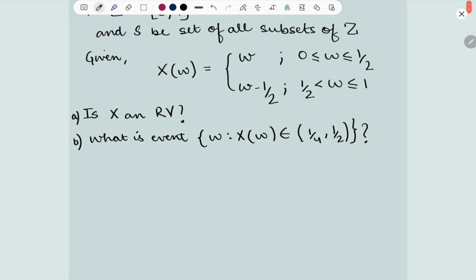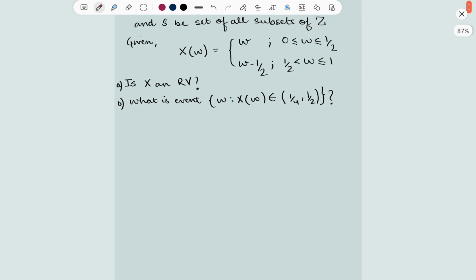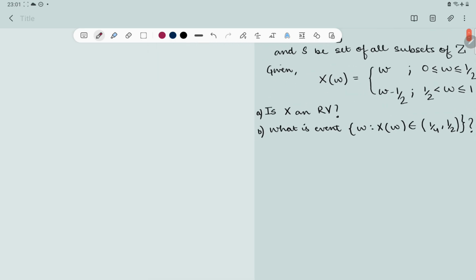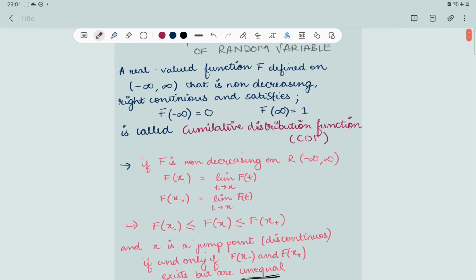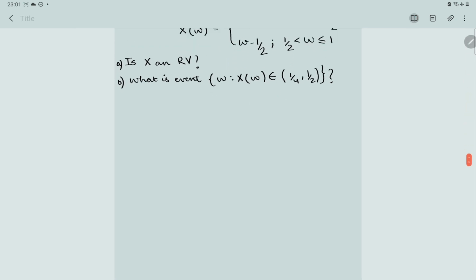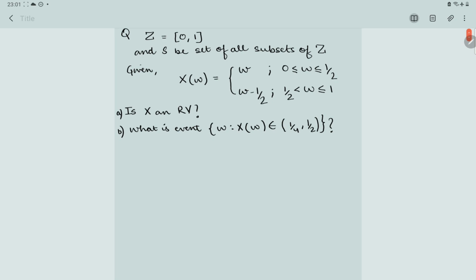Now this is an interesting question. Yeah. So the question is: the outcome of a random experiment is between the interval 0 to 1.